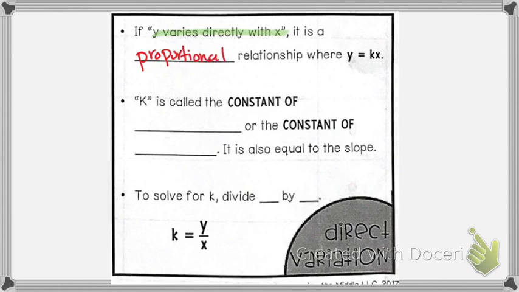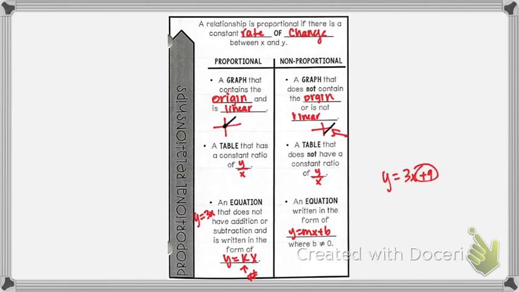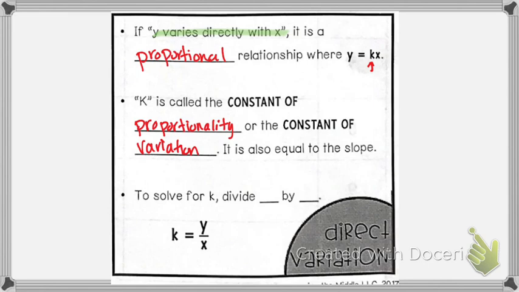Where y = kx, k is the constant of proportionality, or the constant of variation. Okay. It's that number, like in the example that we did here, y = 3x. This is that k. Okay. And to solve for k, you divide y divided by x.